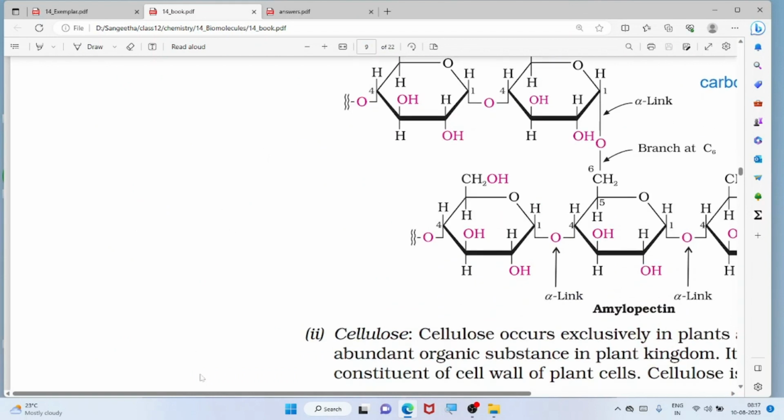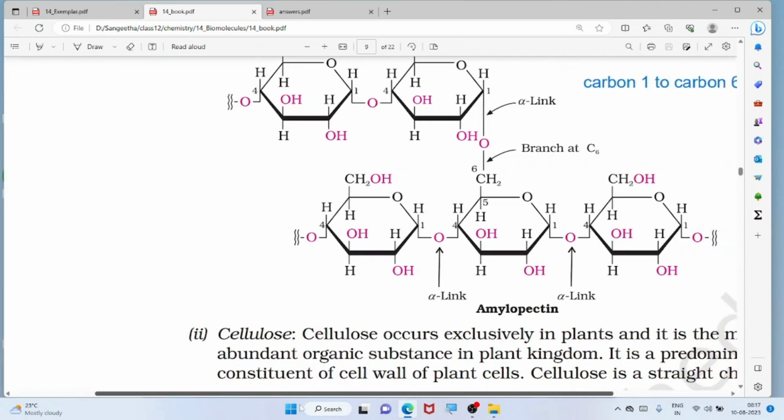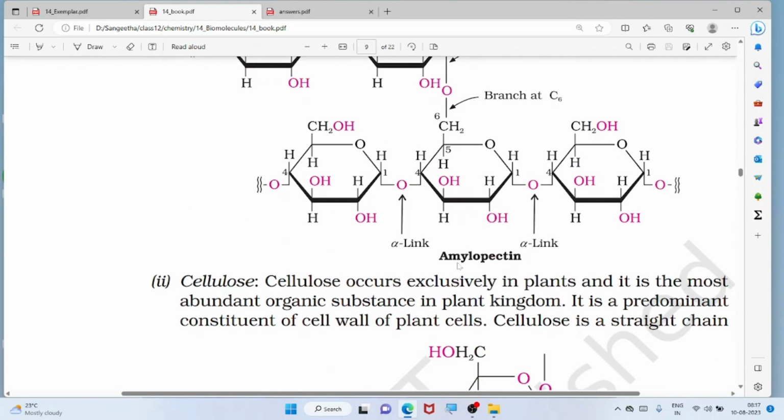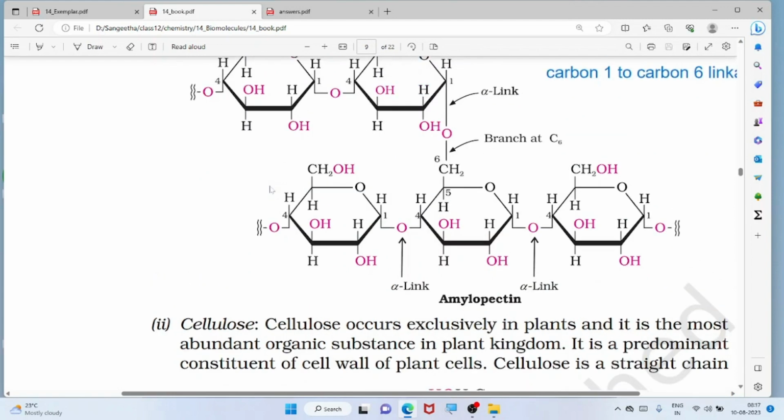See here, this glycosidic linkage is between C1 and C6. Carbon 1 is connected to carbon 6. This is amylopectin.